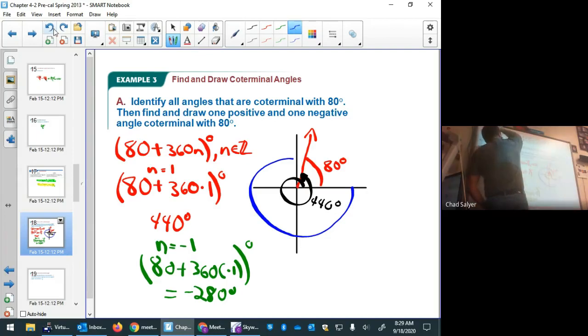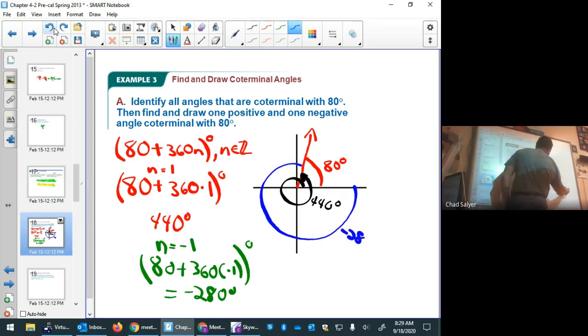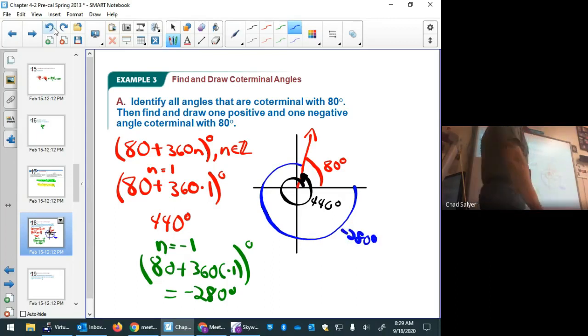Now, go all the way to the terminal ray. They all share the same initial and terminal ray. The difference is the angle being swept out.